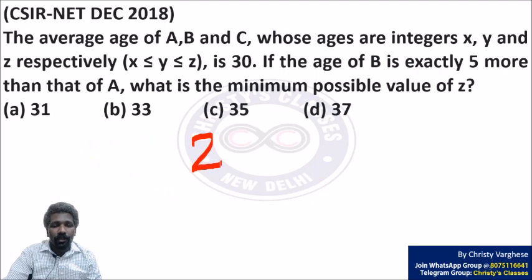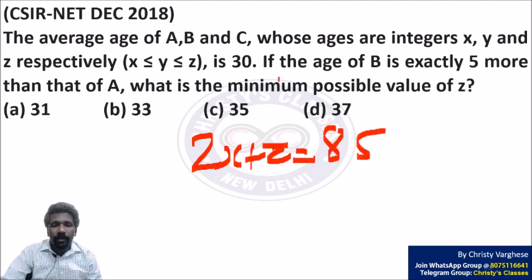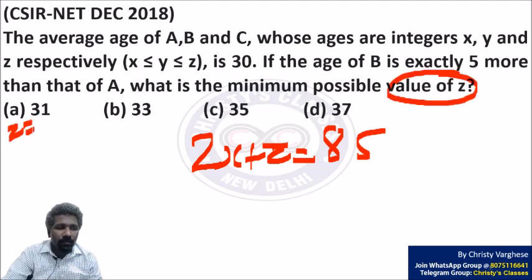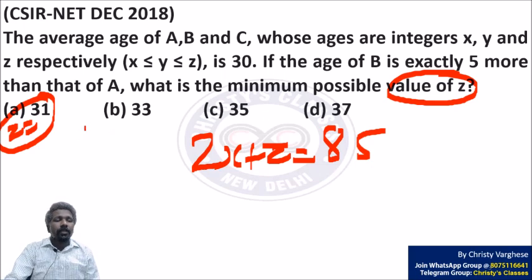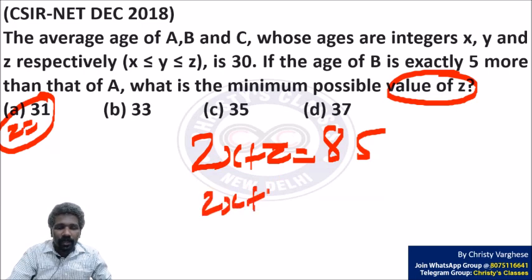You have an equation 2x + z is equal to 85. The question is asking the value of z, so each answer option is giving you a value of z. The first option is giving you z is equal to 31. If you substitute z is equal to 31 here, 2x + 31 is equal to 85.